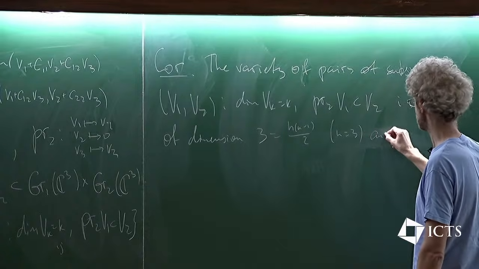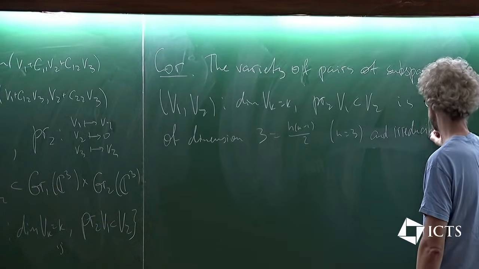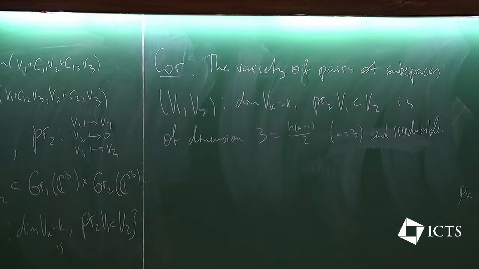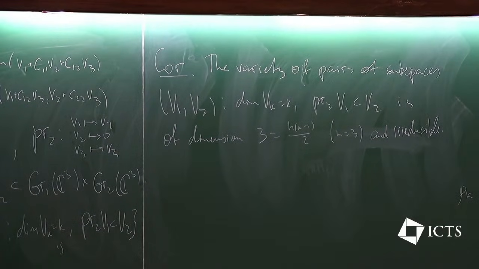And irreducible. Because this is the closure of some open pairs, and in principle, if you're just given such a thing, okay, in this case it's not that complicated. However, you have to work to show that.